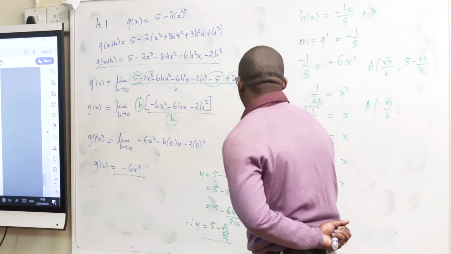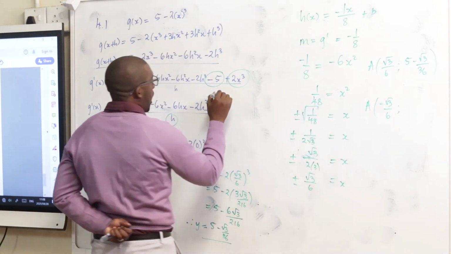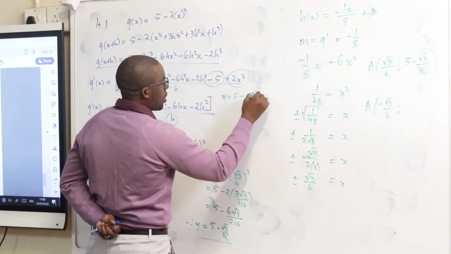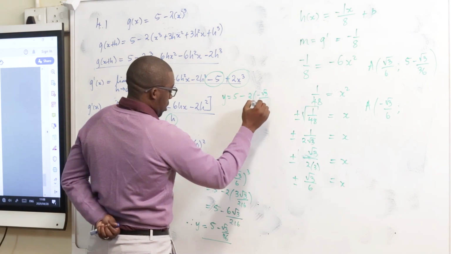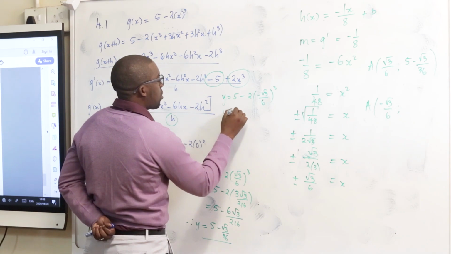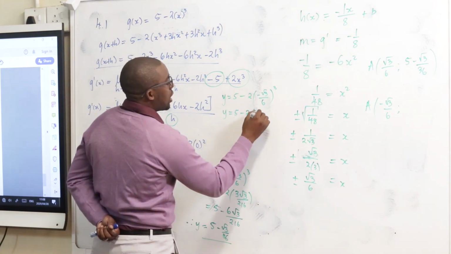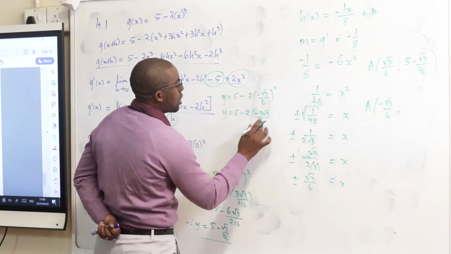For the negative version, since it's cubed, y is equals to 5 minus 2 times (negative root 3 over 6) cubed. Y is equals to 5 minus 2 times negative 3 root 3 over 216.